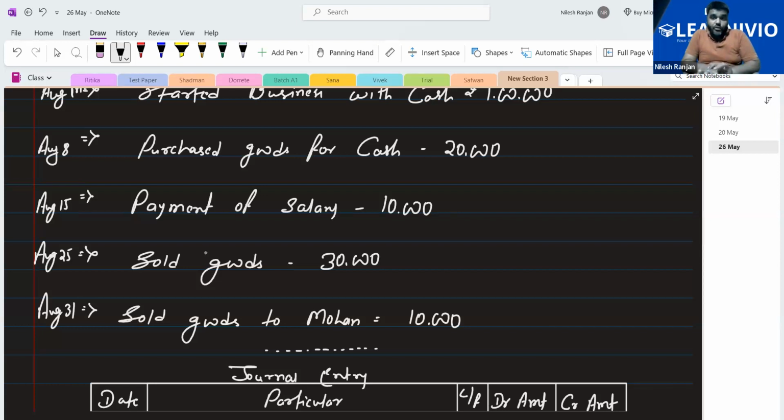Two account names you have to write. Sales account, very good. One is the sales account. And the second one.